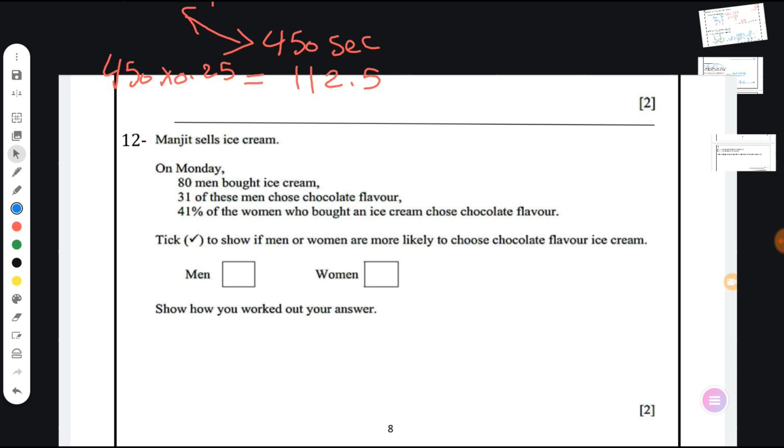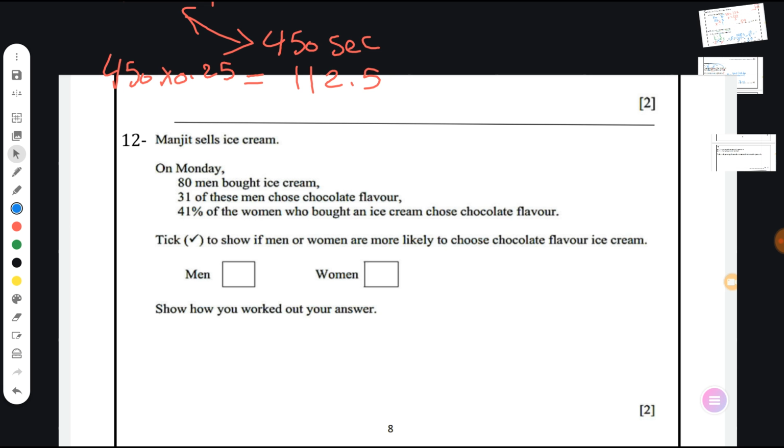Show whether men or women are more likely to choose chocolate flavor ice cream. Which one is more likely? You must show your working in your answer.